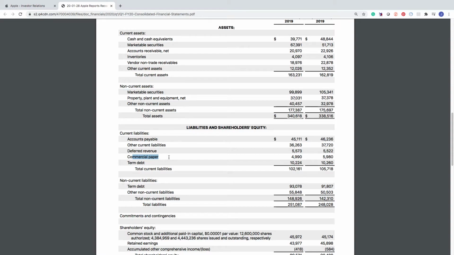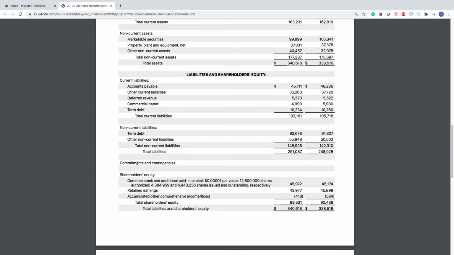With that covered, we're going to talk about some of the most important items in the liability section, which is a combination of commercial paper, term debt. So let's talk about these.